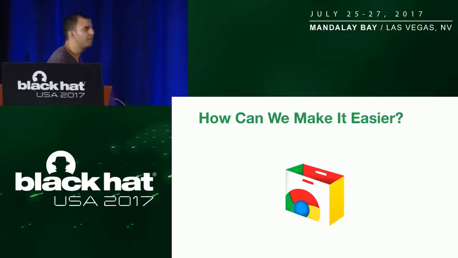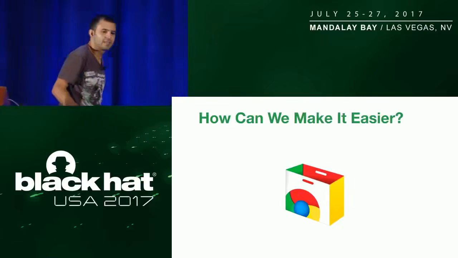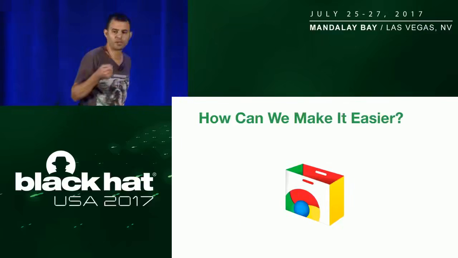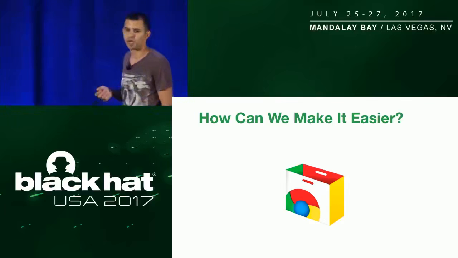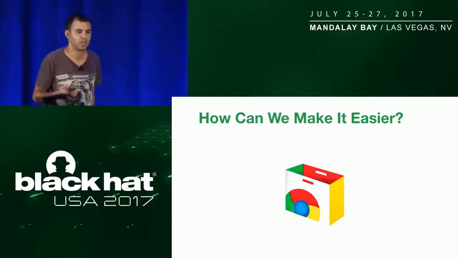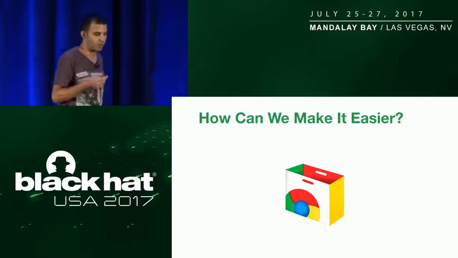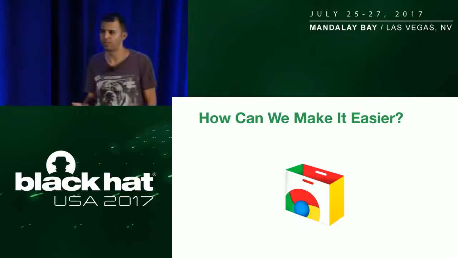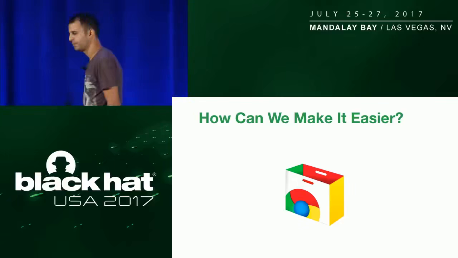So how can we make it easier? The thing is that to get the abilities of an extension, we don't necessarily have to create and distribute our own malicious extension. If we just had the ability to run JavaScript in the context of Chrome extensions, that would be enough, right?